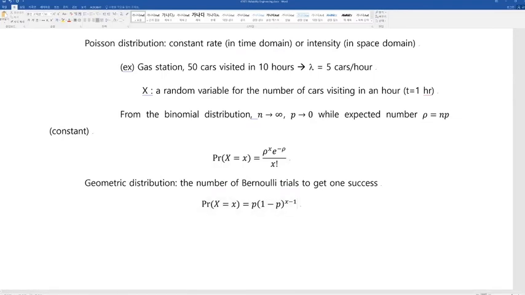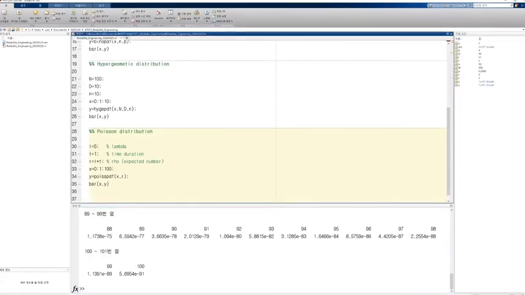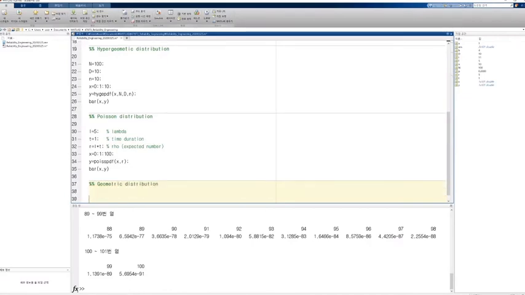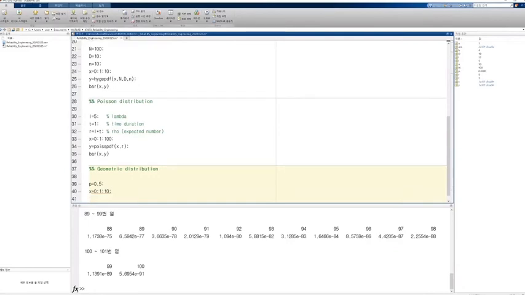So now let me give you some example for that. Geometric distribution. So let's think about the case of tossing a coin. Then x can be extended from 0 to, let's consider until 10 trials.